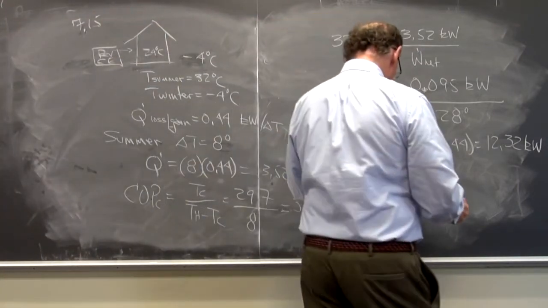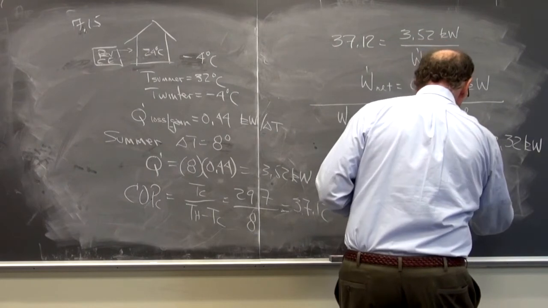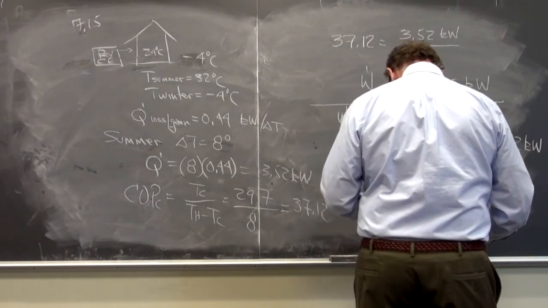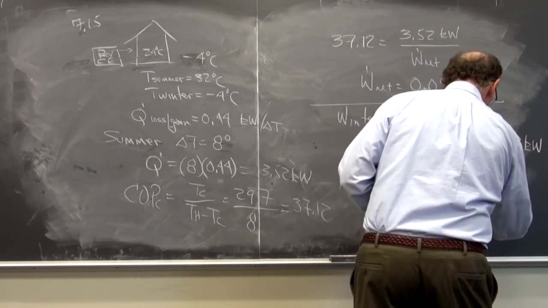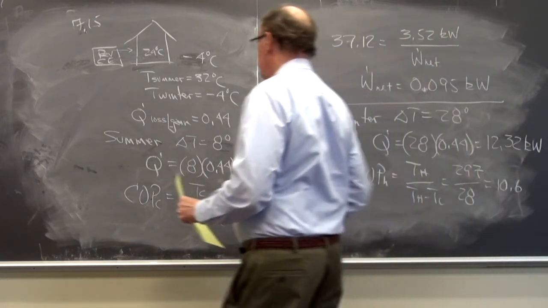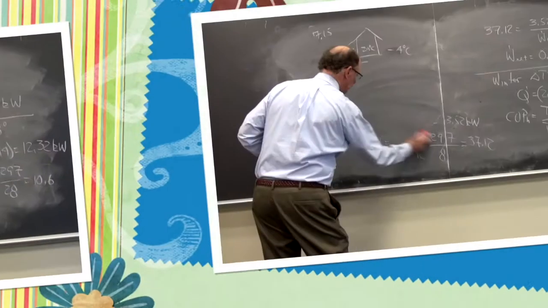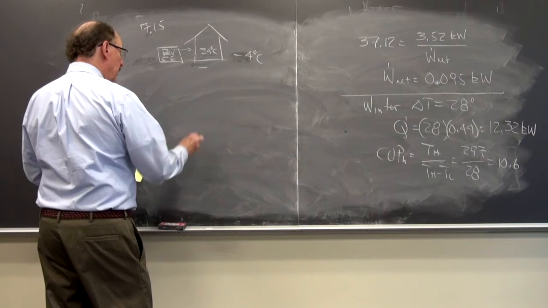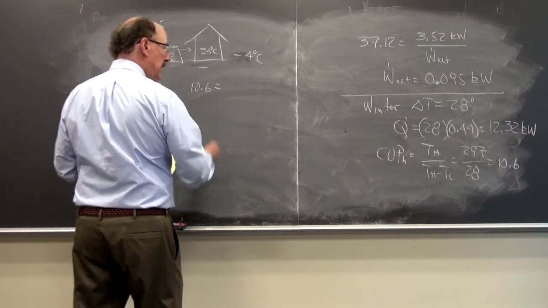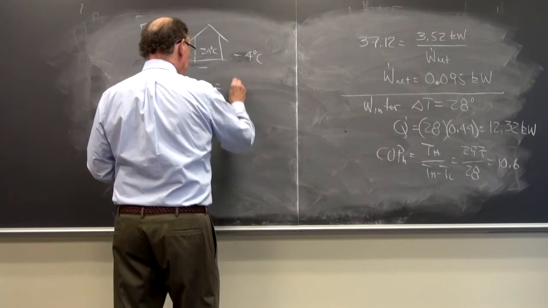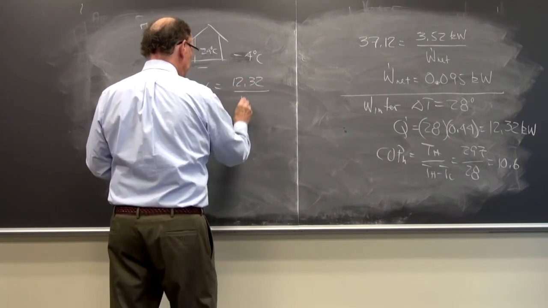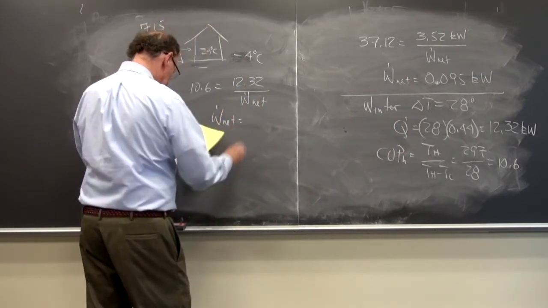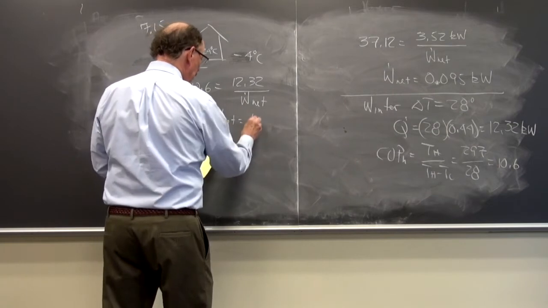So this TH minus TC, the 297 divided by 28 is equal to 10.6. So 10.6 is equal to 12.32 divided by W dot net, where W dot net is equal to 1.16 kilowatts.